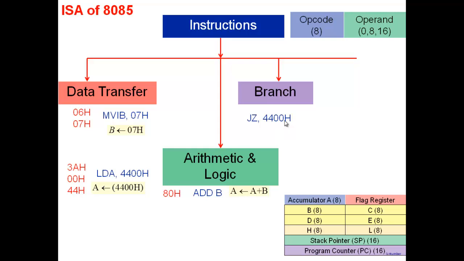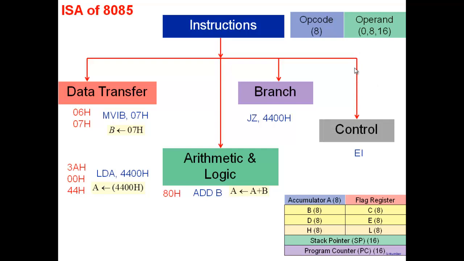Okay, so these are branch instructions here. Normally the program will go, let's say from 3300, 3301, sequentially. But once it encounters an instruction like this, it will jump to that particular memory location and start executing the code from there. Okay, a jump instruction.